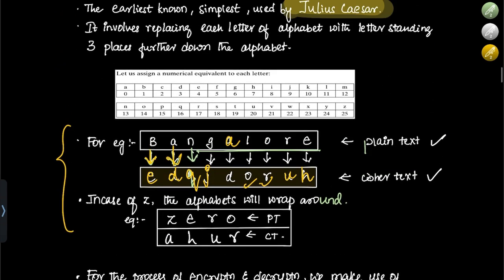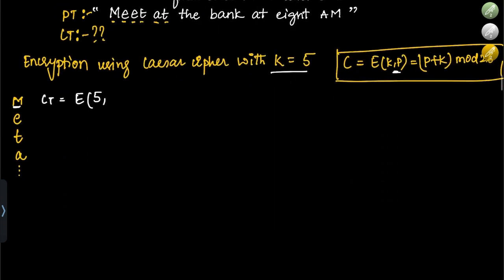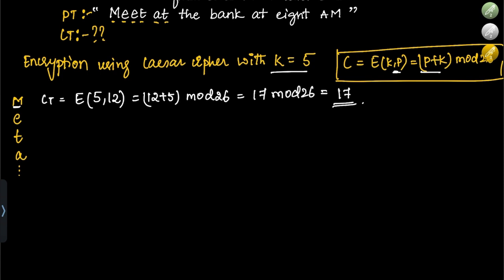M equivalent I have as 12, right? So I write 12 here, which is equal to P plus K mod 26. That is 12 plus 5 mod 26. 12 plus 5 is 17. 17 mod 26 is 17 itself.